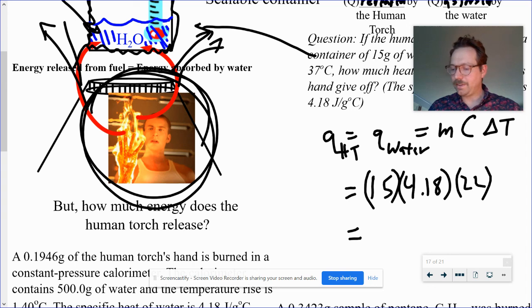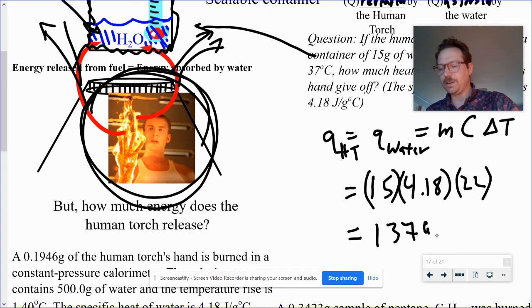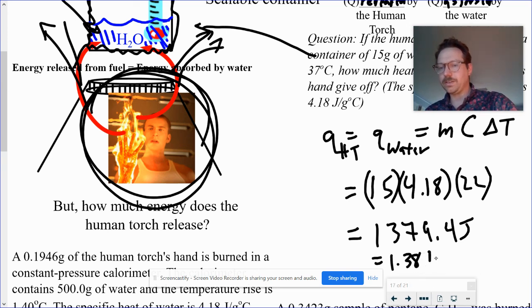What is that amount of energy? 15 times 4.18 times 22 equals 1,379.4 joules, or 1.38 kilojoules. Okay?